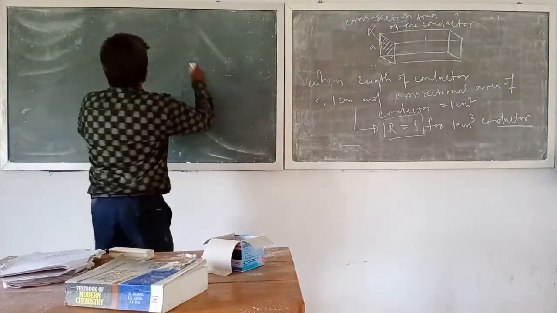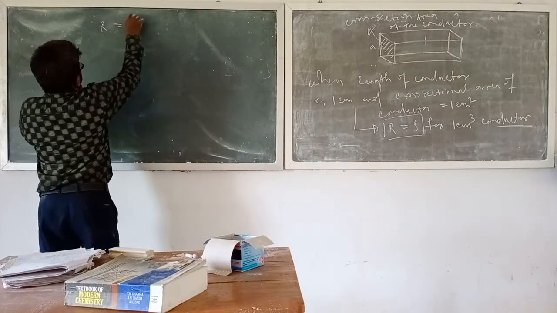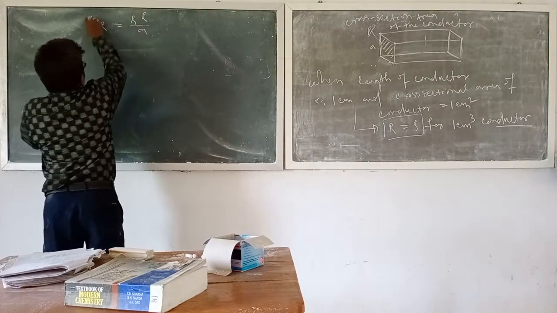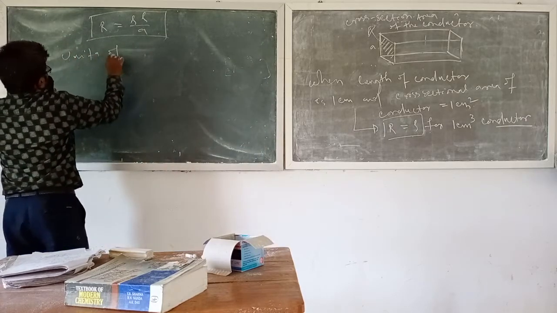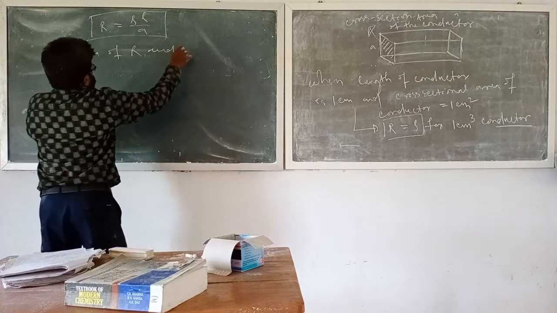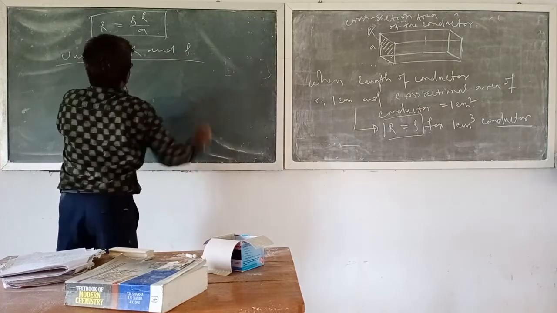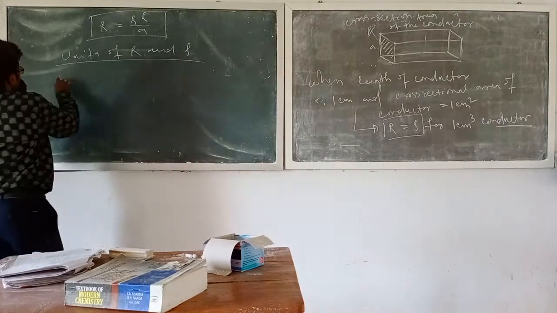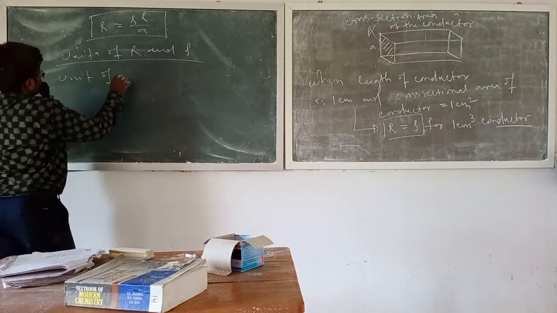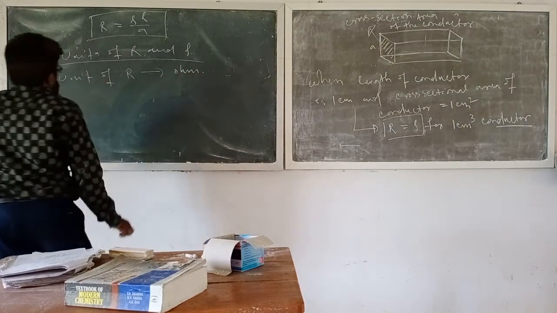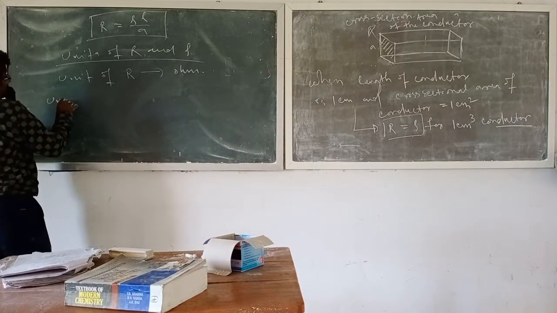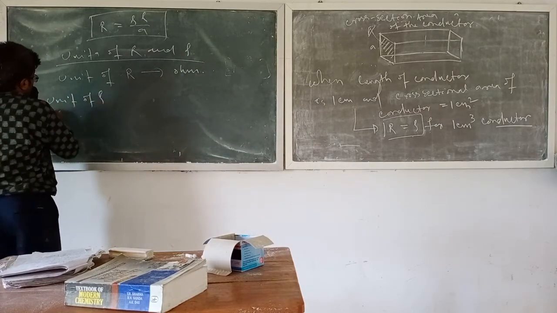So we got that R equal to rho L by A. So now the units of R and rho. The unit of resistance is ohm. So what will be the unit of rho?